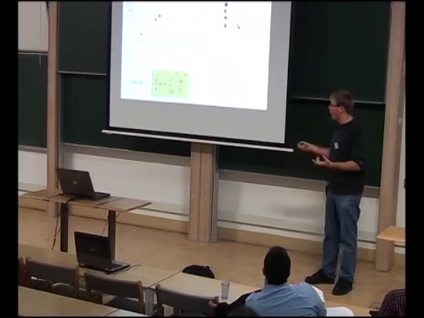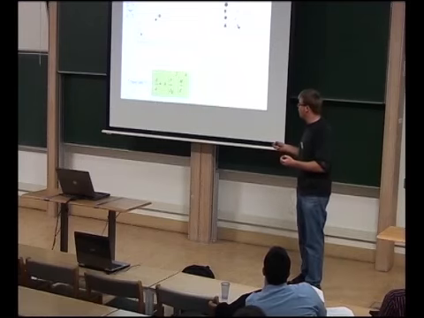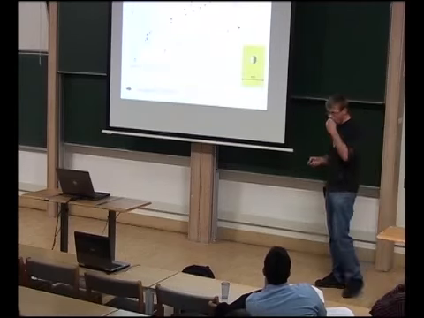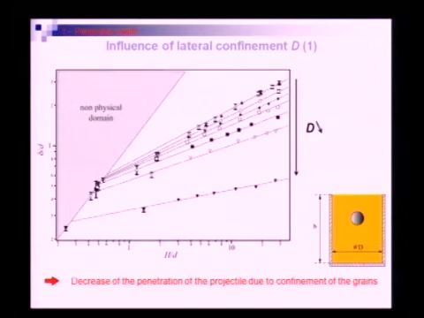And now we're going to confine the experiment. And we are going to see that this confinement has an influence on the prefactor A and the exponent alpha. So here, we decided to change the diameter of the cylinder, capital D. And we see that when D decreases, the normalized penetration decreases too.